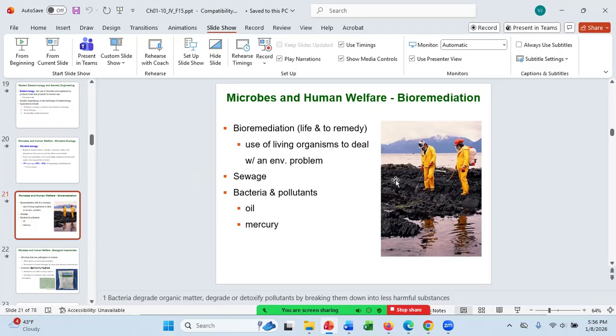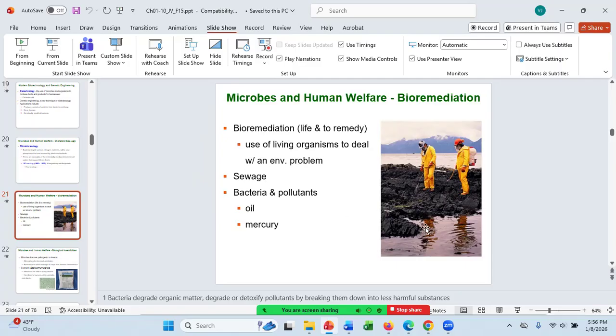Such as this oil spill here, these gentlemen are spraying microbes on the oil, so the microbes will digest the oil and then break it down into CO2 and water, removing the oil. So that's bioremediation.